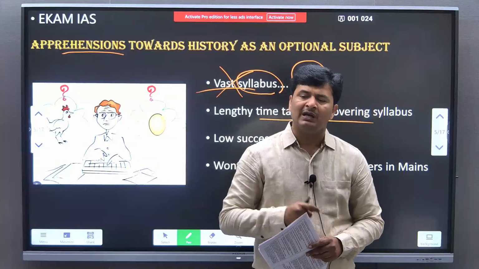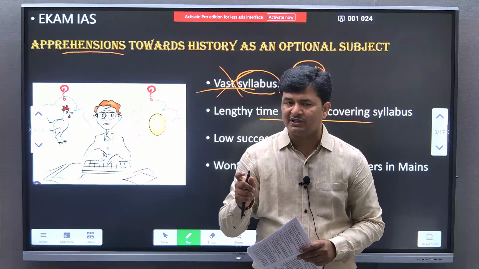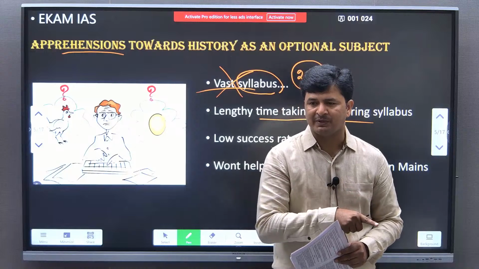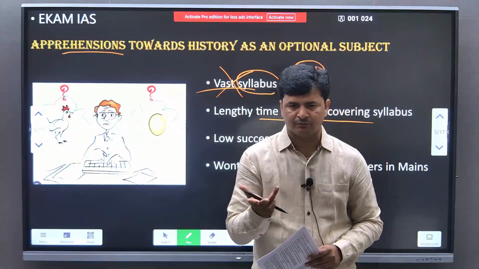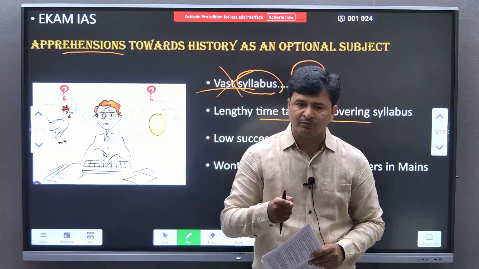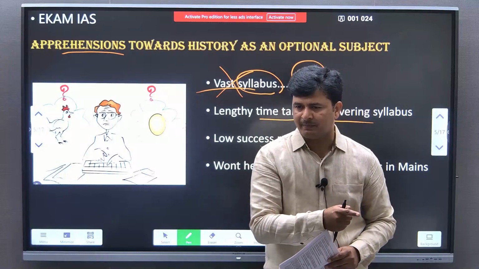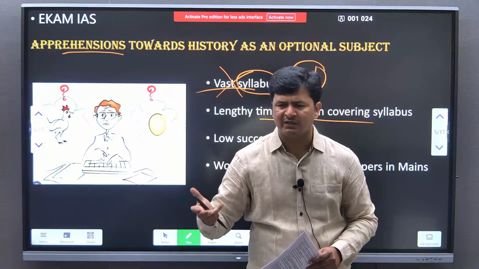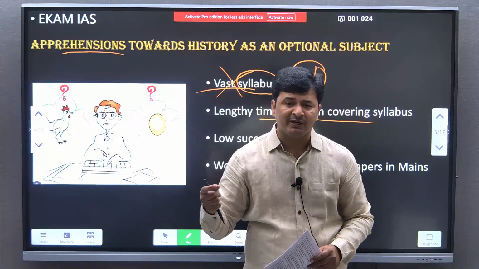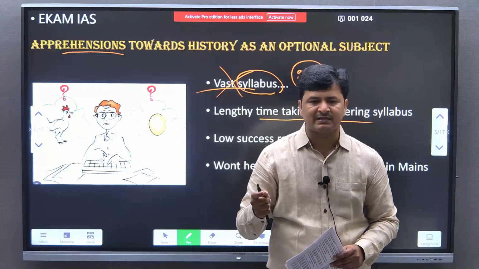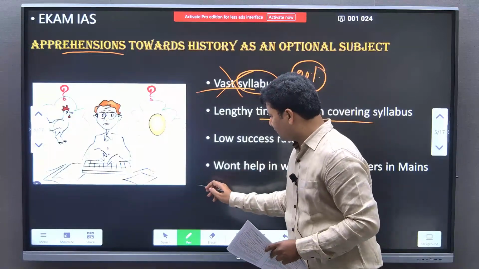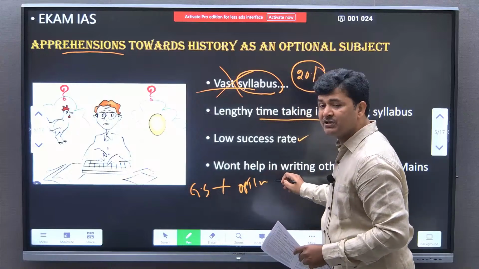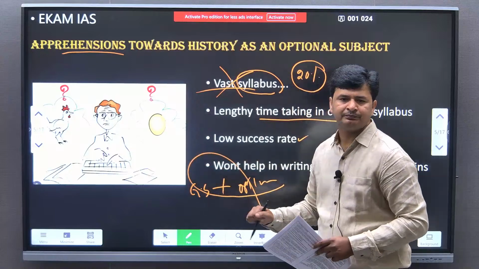Assume you are good at general studies papers but bad at the optional paper, let me tell you, you are not going to get service. Assume you are good at the optional subject but bad at general studies papers, once again you are not going to get service. What does that mean? If you want to get success or service, on one hand you shall be good at GS papers, on the other hand you shall be good at the optional paper. That's it.